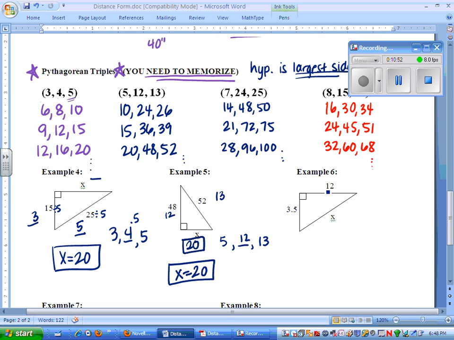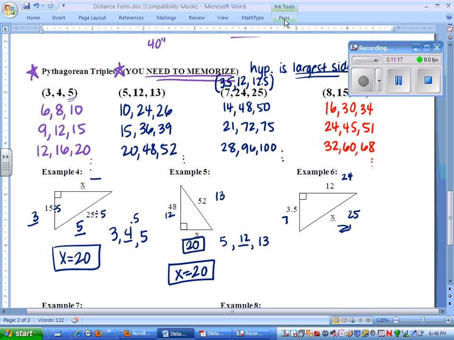The next example is actually divided by 2. If you notice, 7 divided by 2 is 3.5, 24 divided by 2 is 12, and 25 divided by 2 is 12.5. So this is a variation of the 7, 24, 25 triangle. This side is 7, this side is 24, so this side is 25.